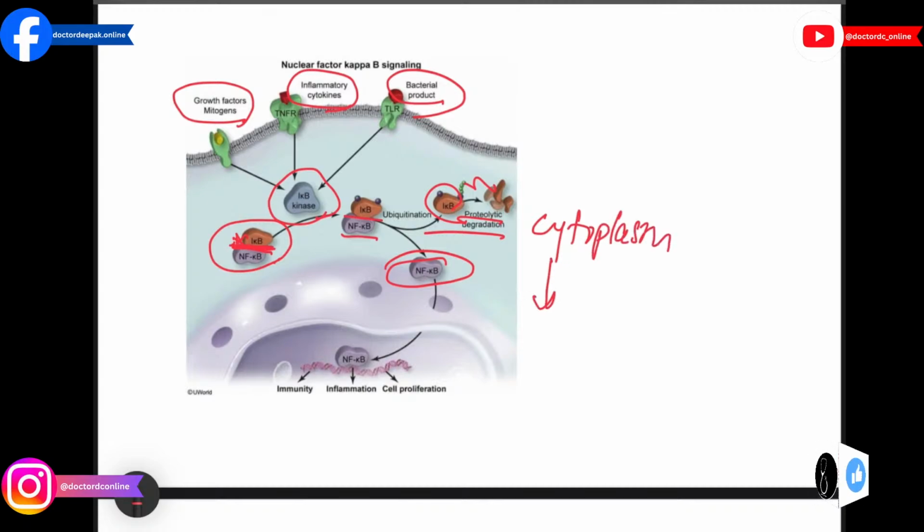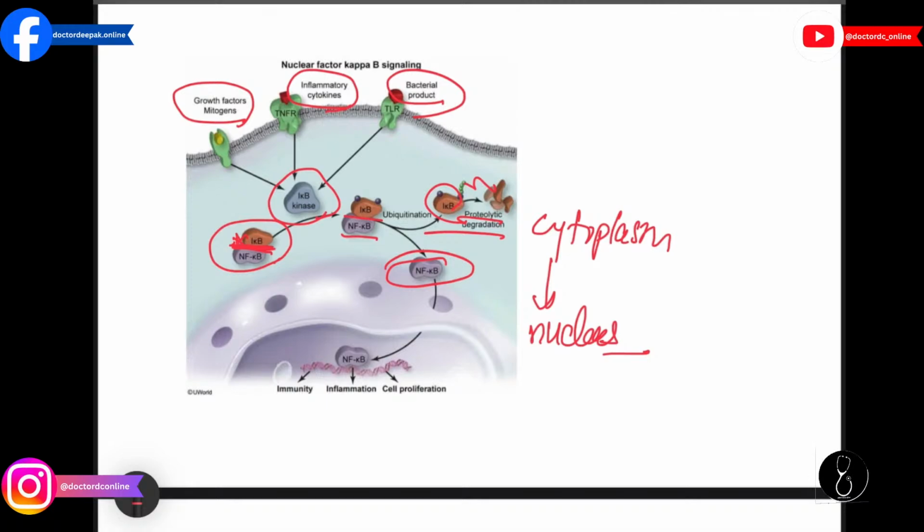After activating, it goes to the nucleus and promotes the synthesis of a number of inflammatory proteins such as cytokines, acute phase reactants, cell adhesion molecules, and leukocyte-related growth factors and inflammatory cascades. Circulating nuclear factor kappa B also stimulates the transcription of more IKB, ultimately binding the free NF-KB.